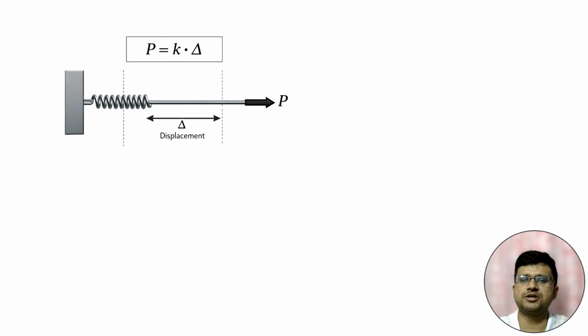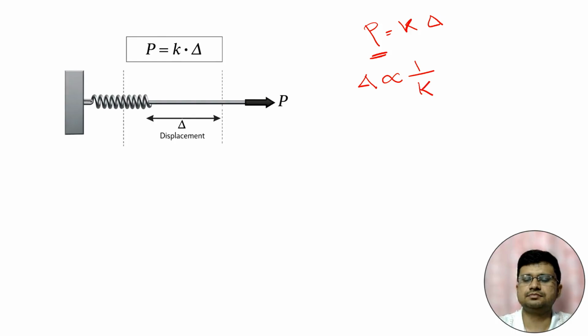Now, for a spring, if force P is applied and displacement is delta, then P equals K into delta, where K is the constant of proportionality. If P is constant, then delta will be inversely proportional to K. That means for a spring, if K is more, the spring will be more stiff, and displacement will be less.